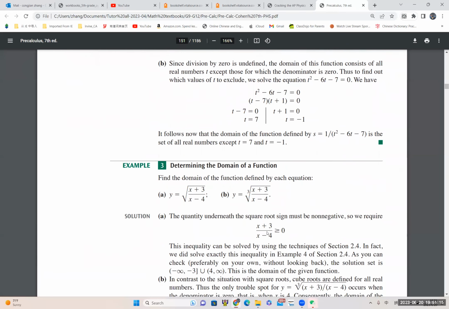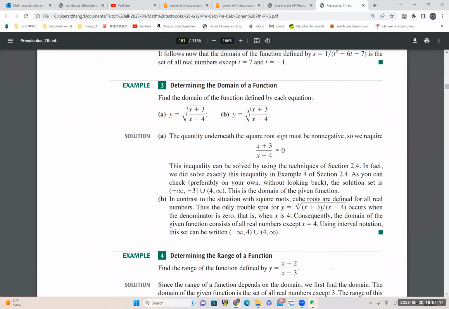Then it's even more complicated. First, x minus 4 as denominator cannot be 0. Then the expression inside the radical, as it's the radicand, should be greater than or equal to 0, right?